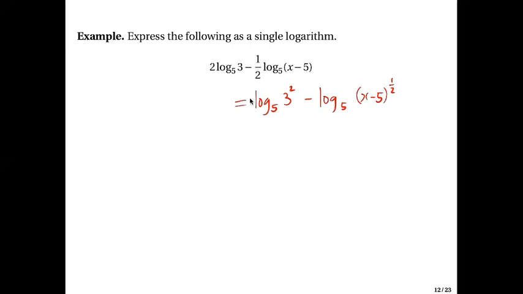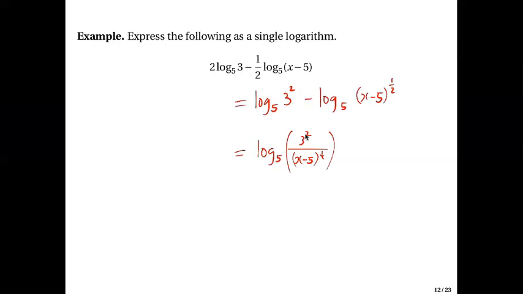And then we now have a positive here and a negative here. So this will go to the numerator. This will go to the denominator for the single log. So this becomes log base 5 of 3 squared divided by x minus 5 raised to 1/2.